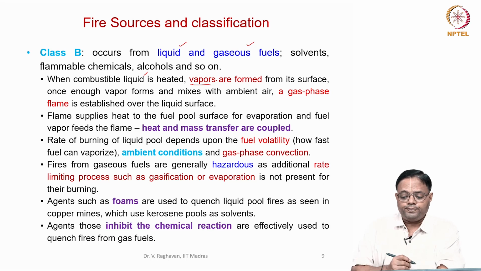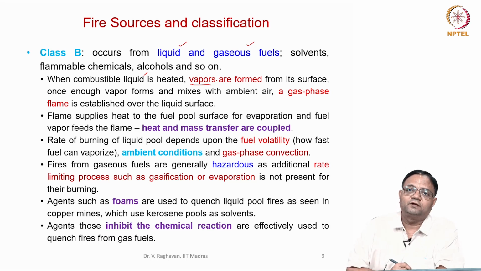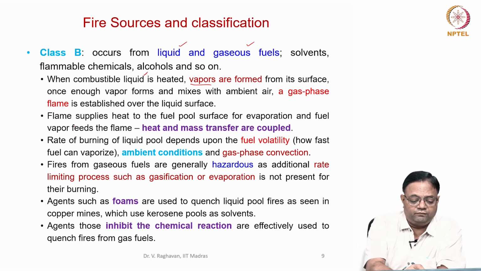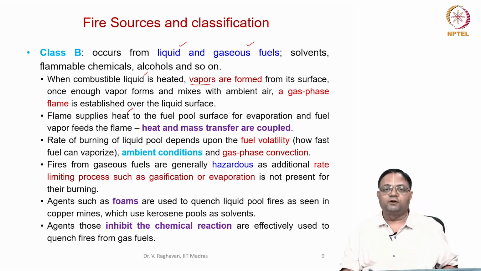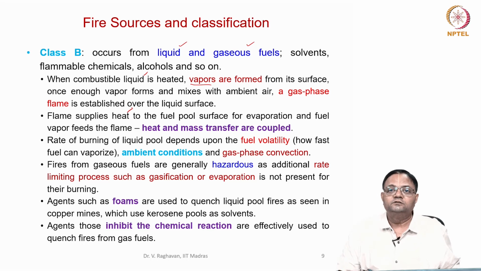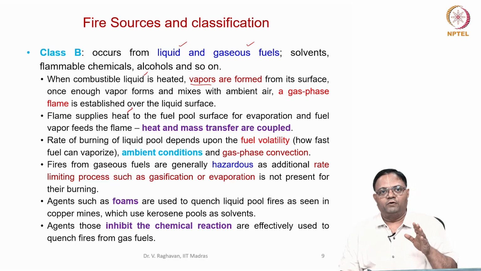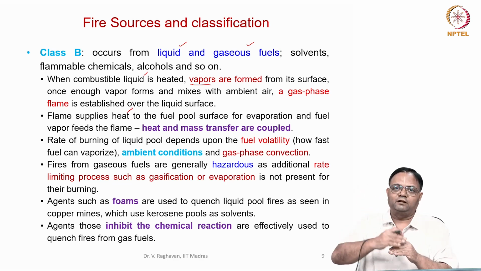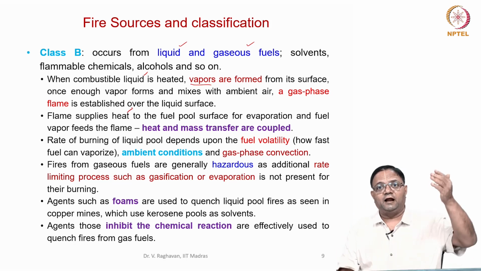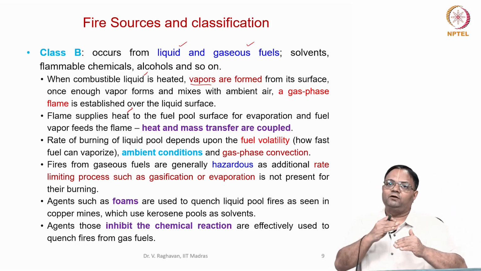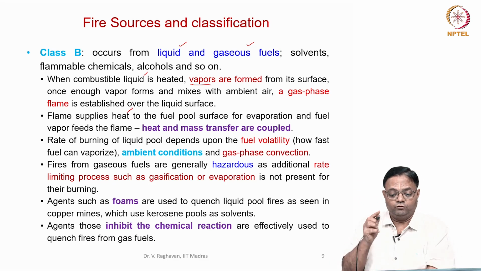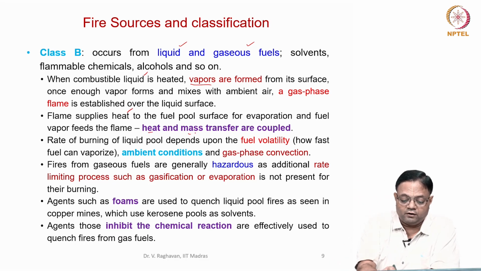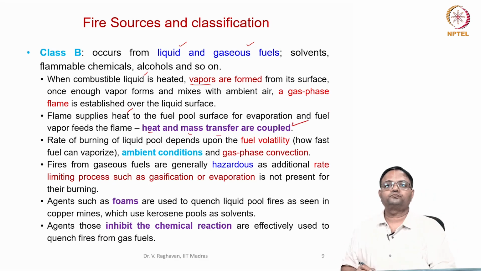Now, as I told you, the heat feedback is extremely important because the flame supplies heat to the fuel surface and sustains the evaporation. When the surface is heated, vapor leaves, so there is mass transfer from the surface. Heat transfer from the gas phase to the surface, mass transfer from the surface to the gas phase. So heat and mass transfer are coupled.